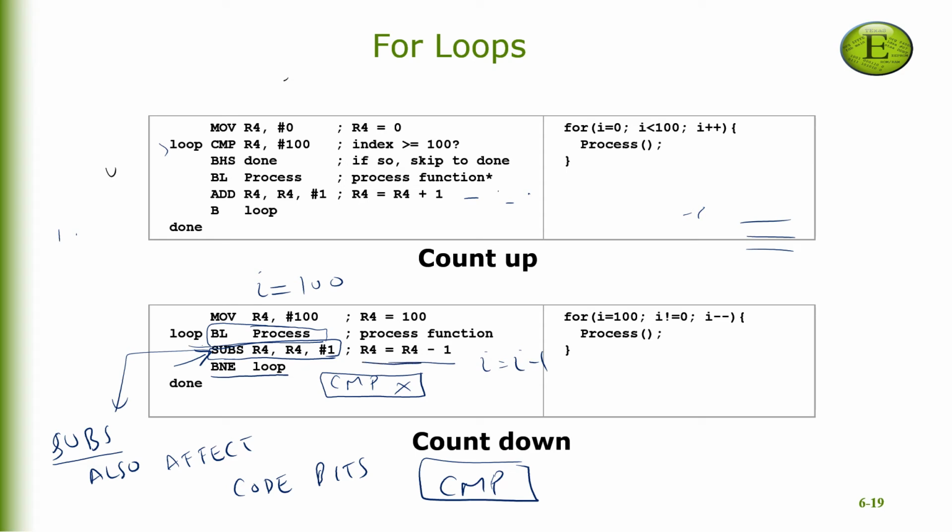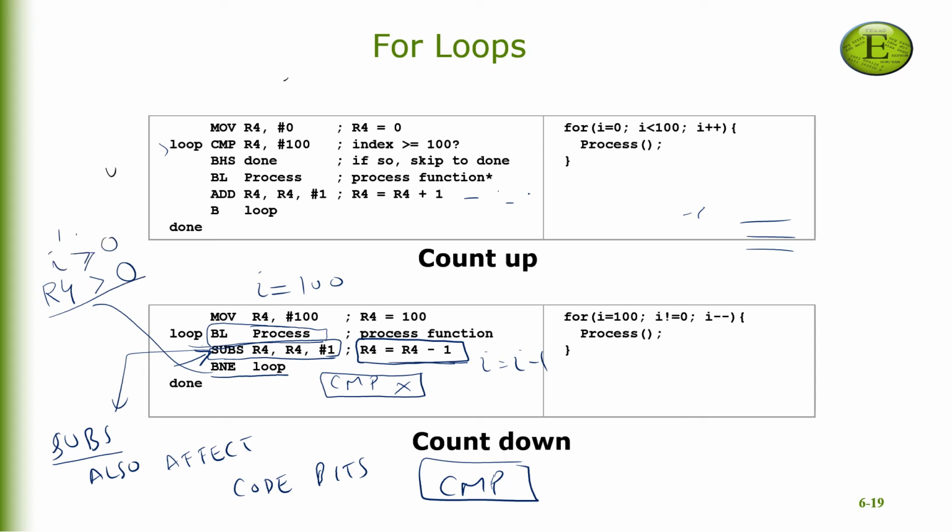So the sub instruction is going to decrement the register content values. R4 equals R4 minus 1. In fact, R4 is assigned R4 minus 1. And then BNE, branch if not equal. So it is going to check the zero flag, meaning that as long as R4 is not equal to 0, that is, it is higher than 0, so as long as R4 is greater than 0, meaning i greater than 0, keep on executing this instruction.